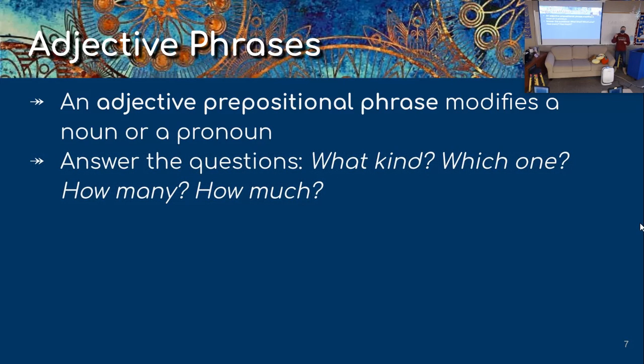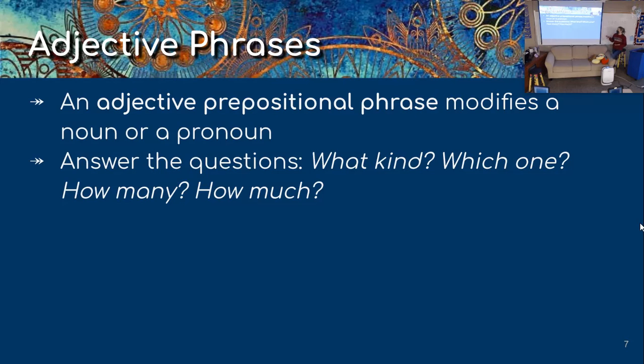Now, we can still use our adjective questions when we're working with prepositional phrases. Remember, way back at the beginning of the year, we talked about adjectives when we were reviewing parts of speech. And I told you that we have these questions that we can ask to help determine what the adjective is modifying. We can use the exact same questions when we're working with prepositional phrases.